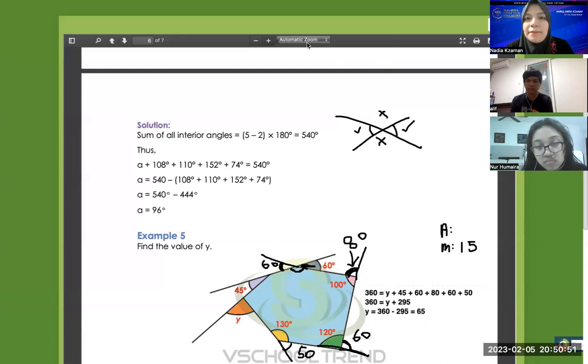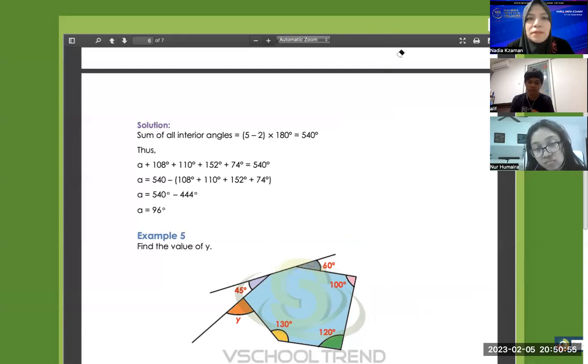But remember, the trick here is actually, you have to draw the exterior line, exit from the polygon, and then you have to make sure that it is at the same sides.